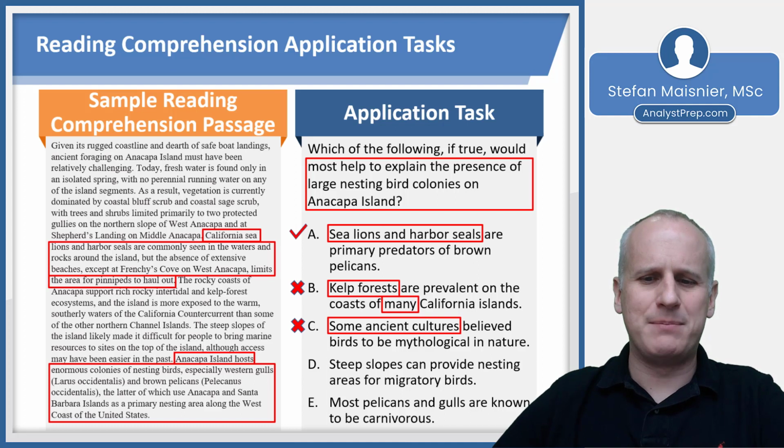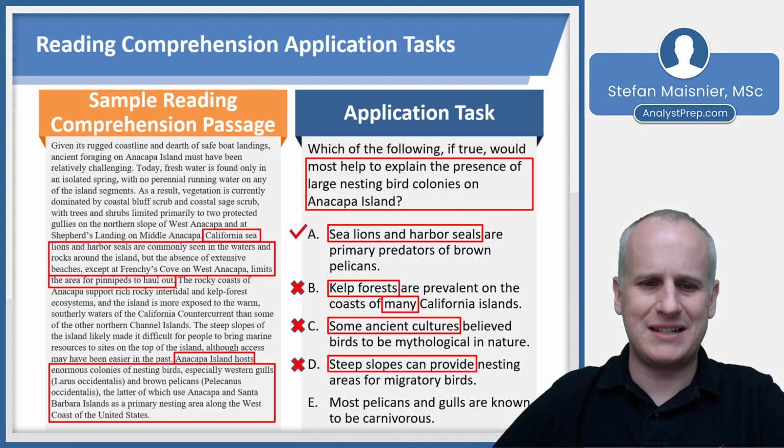Choice D, steep slopes can provide nesting. Well, again, we know we were talking about steep slopes, but "can" means possible. And the migratory birds, we're not talking about migratory birds necessarily. We don't know if western gulls are migratory. We don't know if brown pelicans are migratory from the information in the passage.